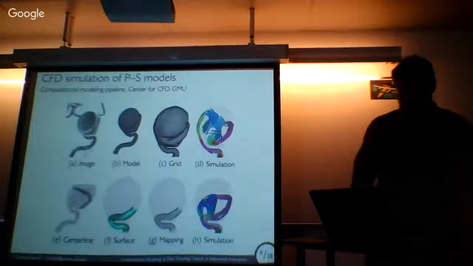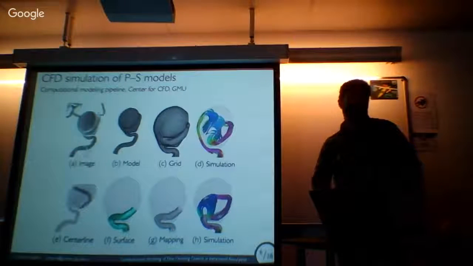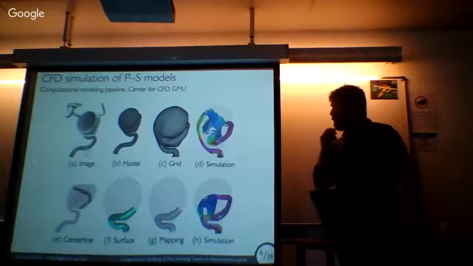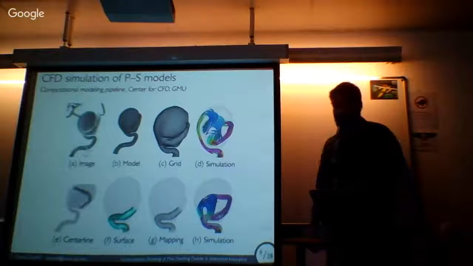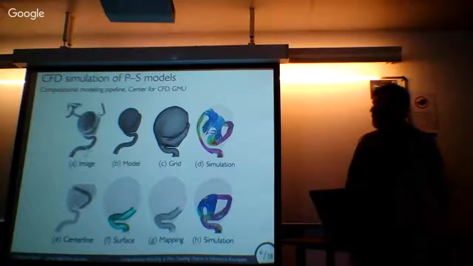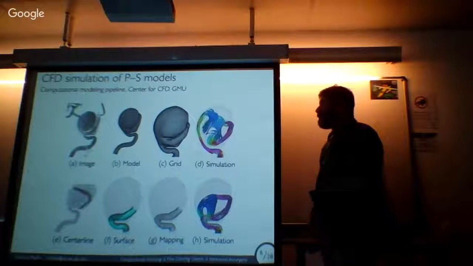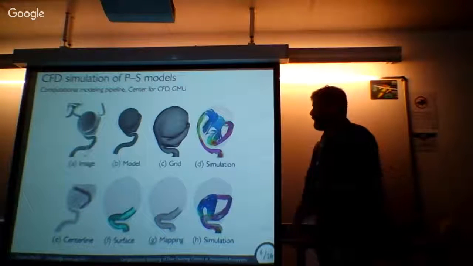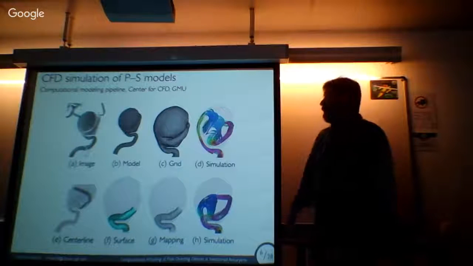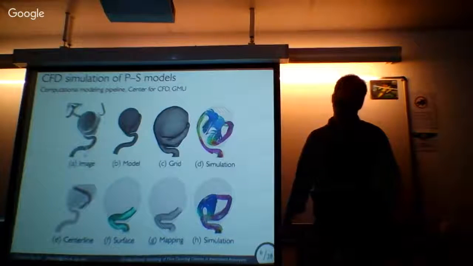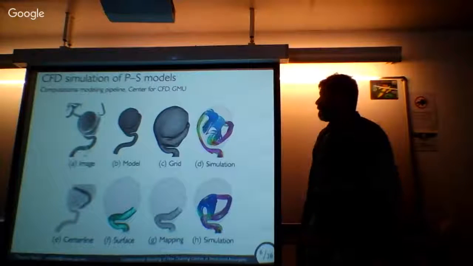Of course, doing this requires a lot of work, and a typical pipeline is what I'm showing here. The first step is the obtention of the image, or we start at least with the image. This is a 3D image of the patient acquired with angiography or CT.